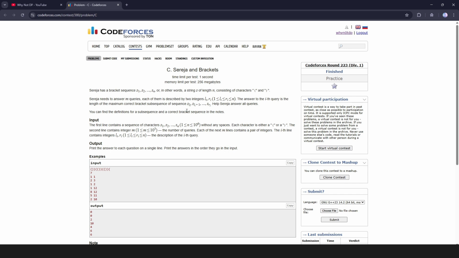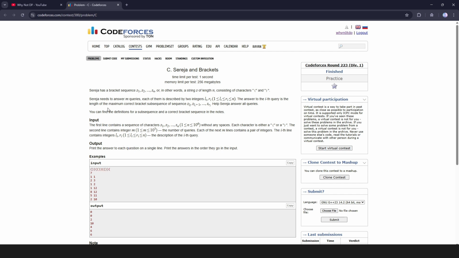The problem reads like this: Sereja is the name of a girl and she has a bracket sequence from S1 to Sn. So she has a string of size n, and this string only consists of two types of characters, either the opening bracket or the closing bracket, as given in the example.